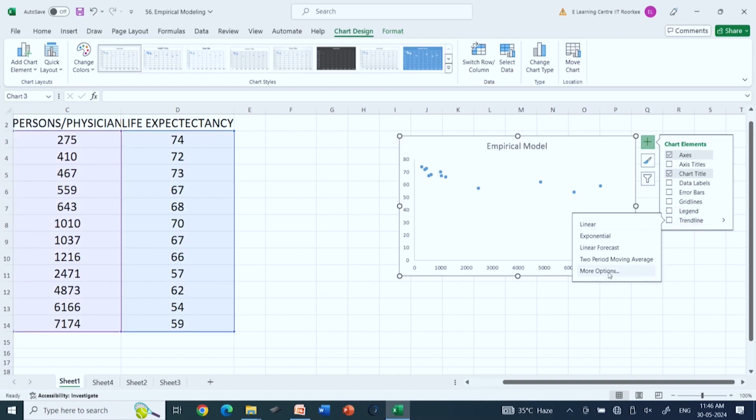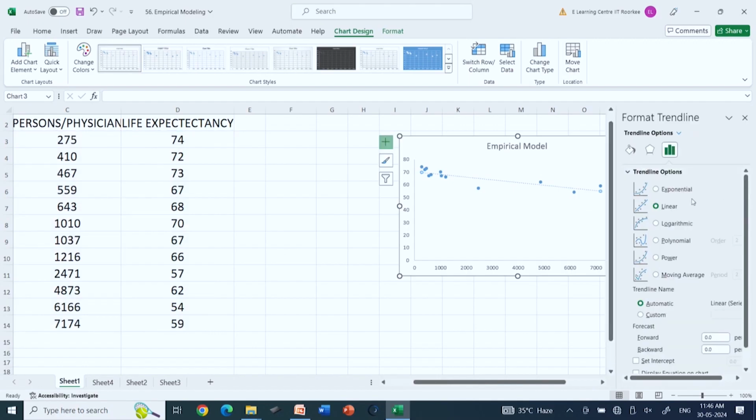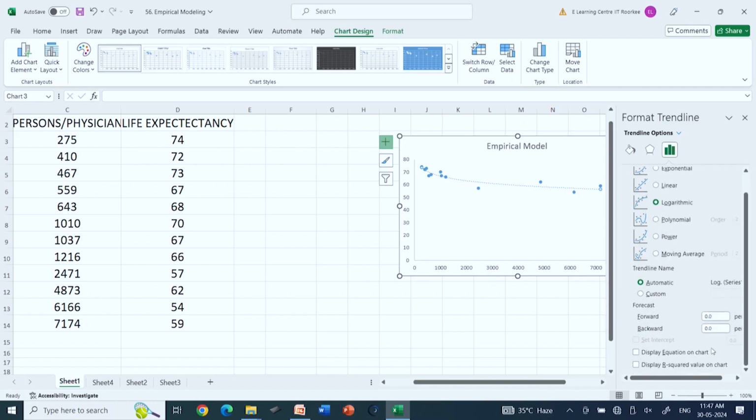Go to more options and you will see that there is exponential, linear, logarithmic, polynomial, power, moving average, everything is there. So, say I choose the logarithmic one. I click this and you can see that the trend line changes, and if you go a little below, you will see display equation on the chart.